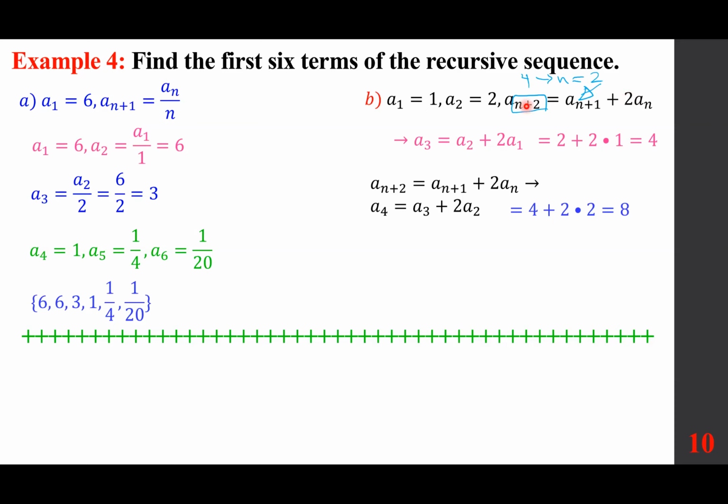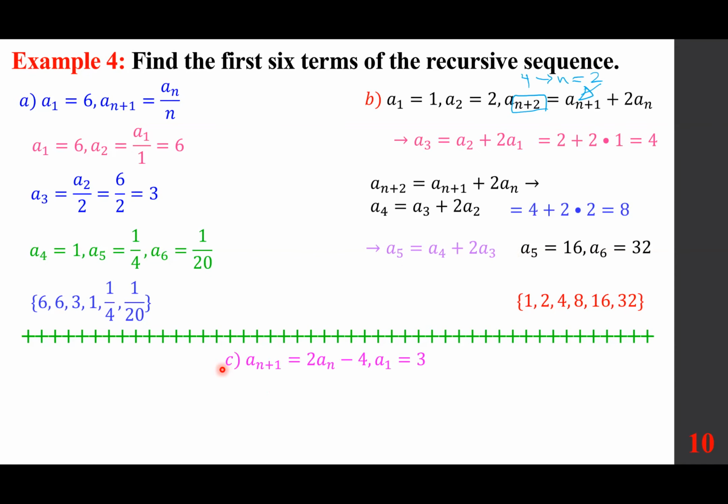See, this says whatever this number is, you go down by 1, so it becomes a sub 4 plus 2, and you go one more down, 2a sub 3. That's the formula. And so you plug in, you get a sub 5, a sub 6, and you write all of it. All right. So you want to work on this to get into good shape.